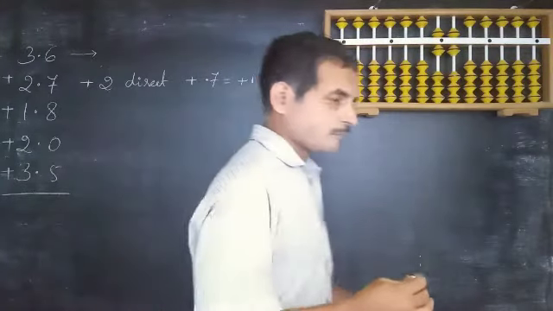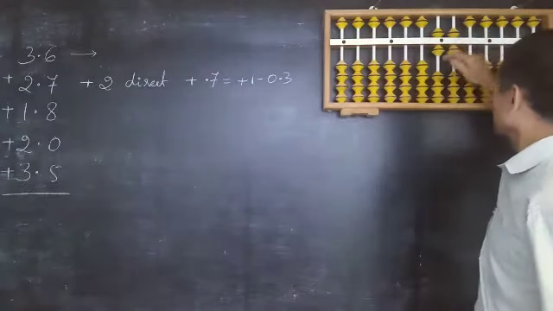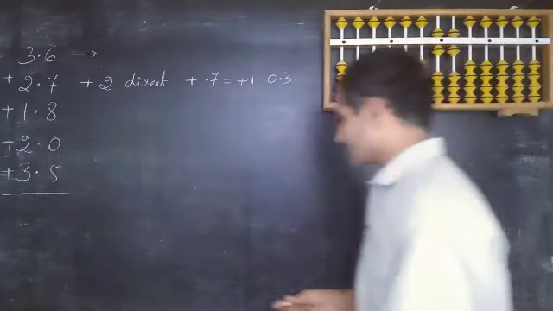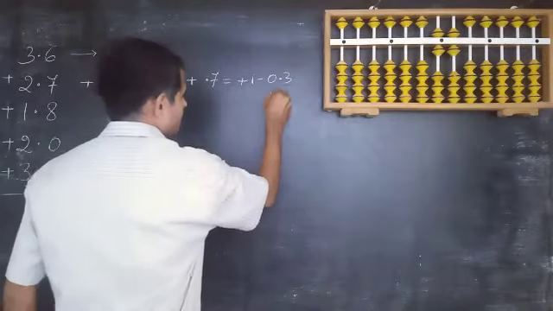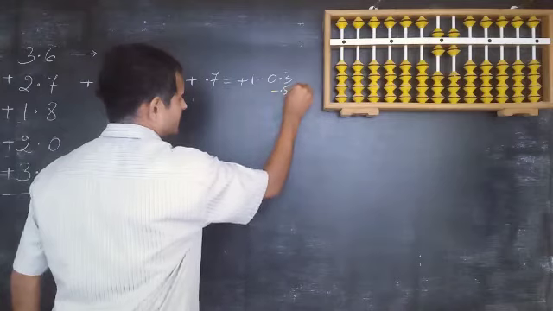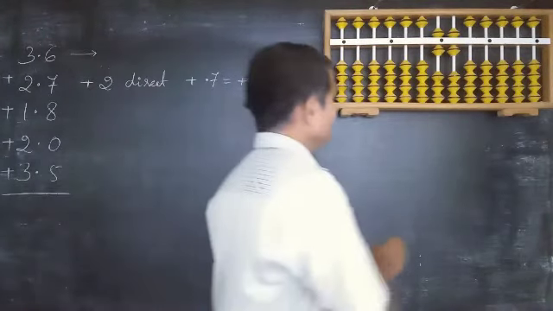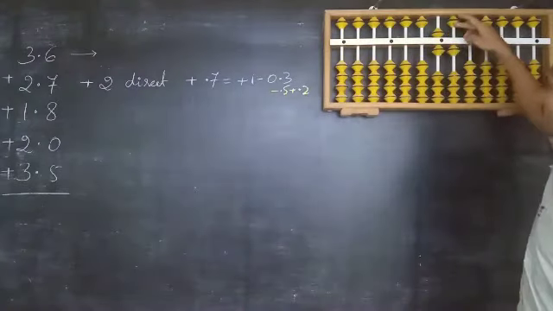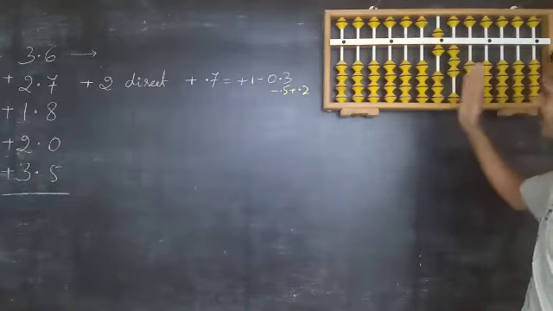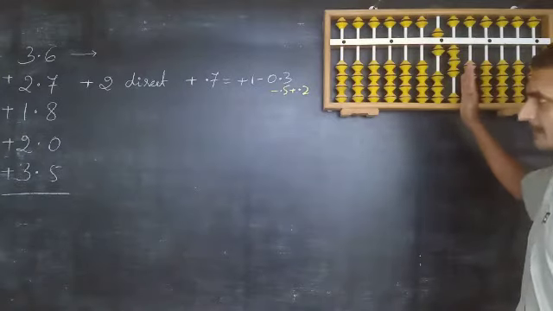Here the by-hearting procedure will not work out, but you have to do. Minus 0.3 is not possible, minus 0.3 is done indirectly. Minus 0.5 plus 0.2. Same what we used to do in unit place, we are doing here in decimal place.